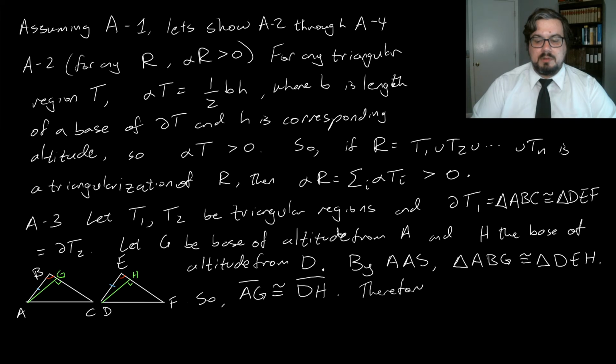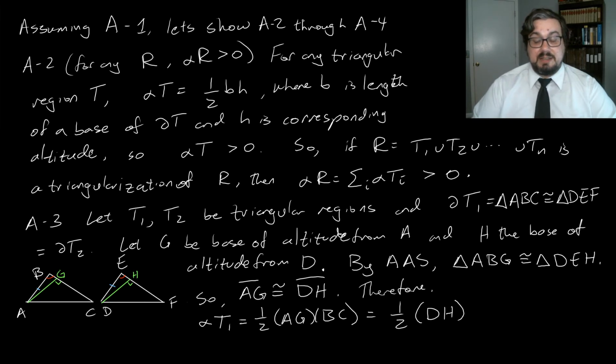Therefore, we have that the area of T1, which is equal to 1/2 times AG times BC, is equal to 1/2 times, now AG is congruent to DH, so the distance AG is equal to the distance DH. We also know that the segment BC is congruent to the segment EF.